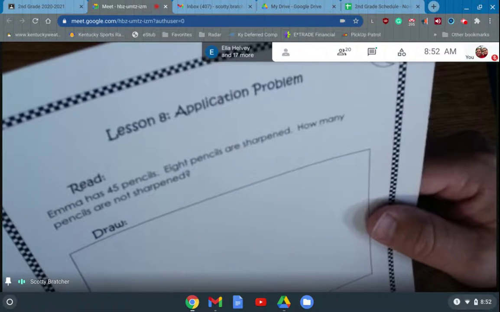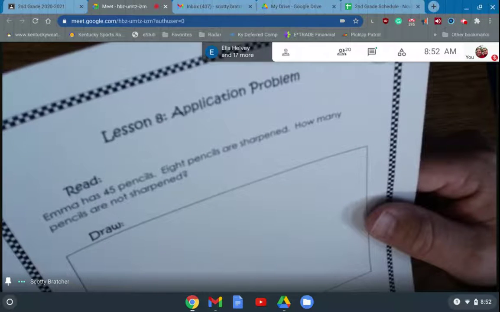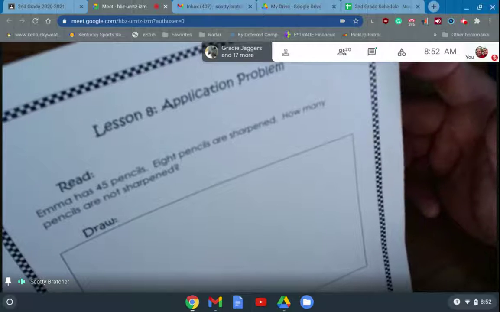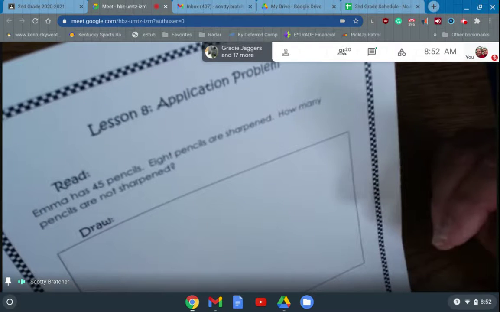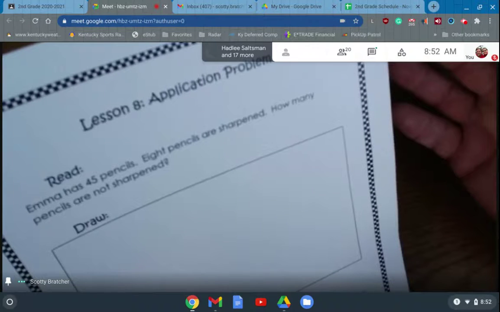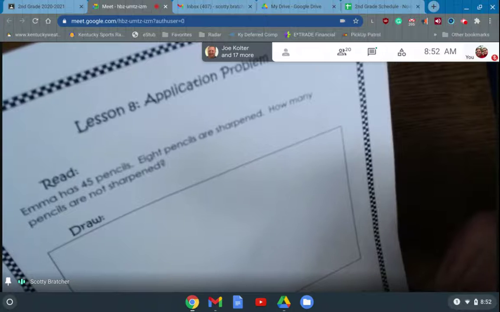Emma has 45 pencils. 8 pencils are sharpened. Now this problem's a little bit different. She's not giving any away. She's not getting any. It's just describing that 8 of them are sharpened and the rest of them are not sharpened. Okay?